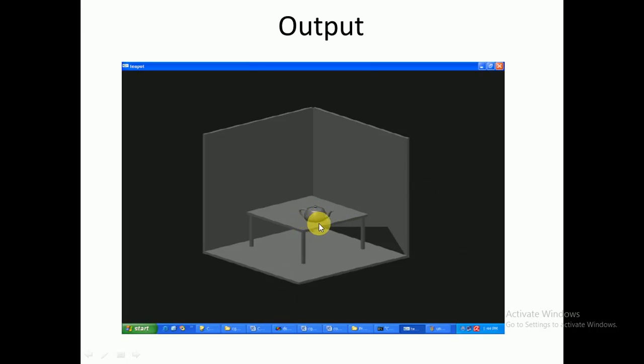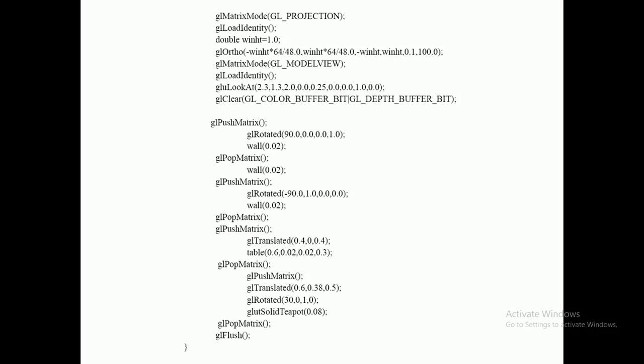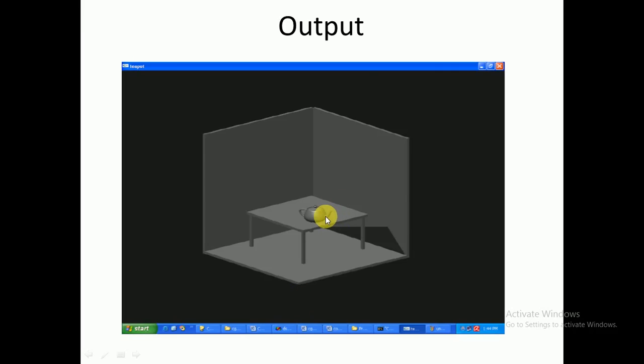Now I am exactly below the teapot center. Then we will draw this teapot with a 30-degree rotation in the y direction. That's why you see that the teapot is rotated. This is x, this is y, this is z, and this is the angle, right? I have rotated it. Observe this one, this is rotated about y.